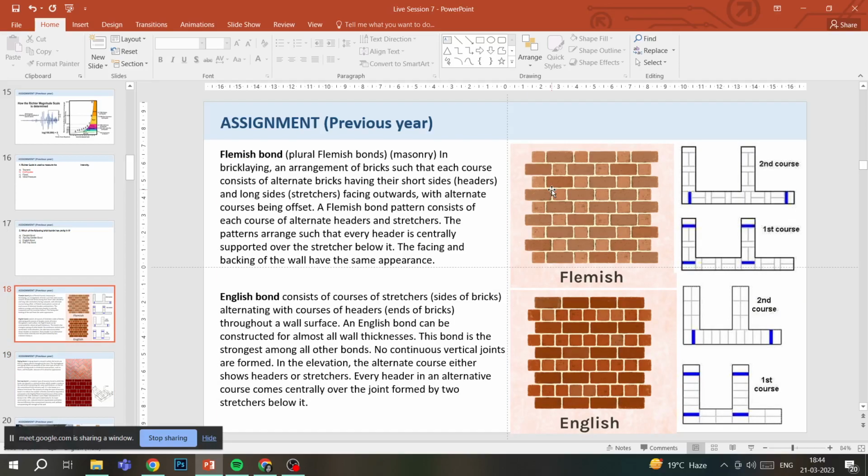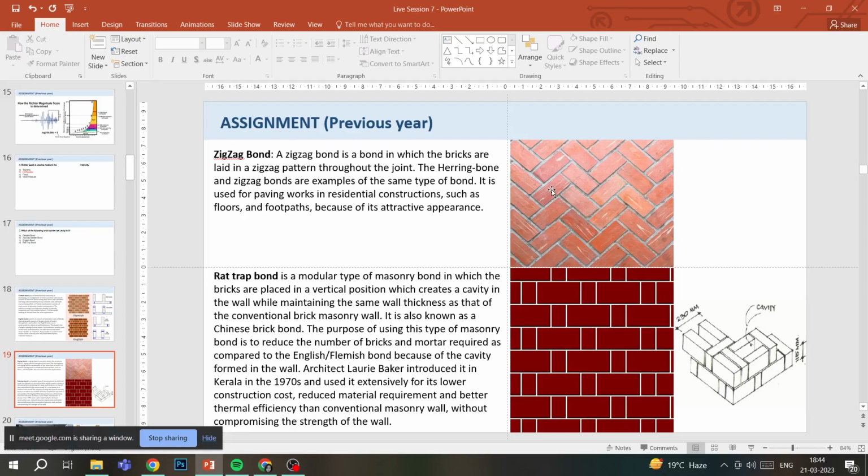There would be a thickness, a height, and a width. In this case we make it stand vertically, which makes the front thickness comparatively less, and this helps in creating a cavity in between the wall while maintaining the same thickness as that of the conventional brick masonry bond.